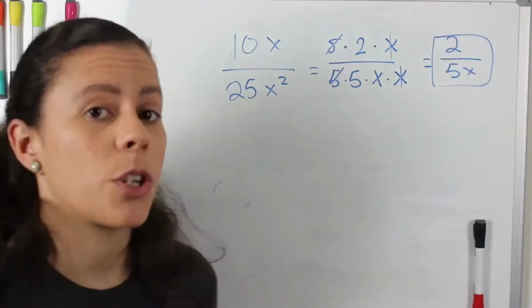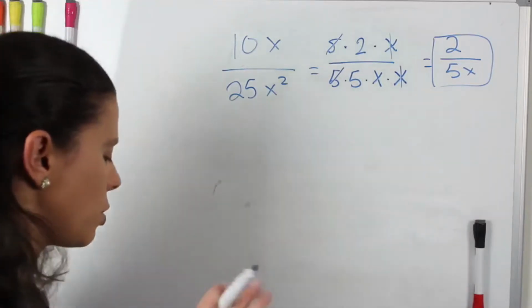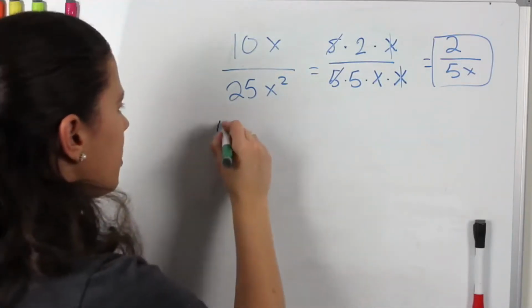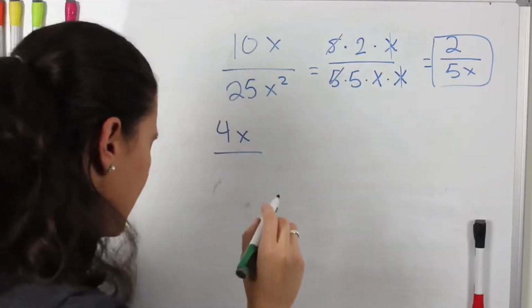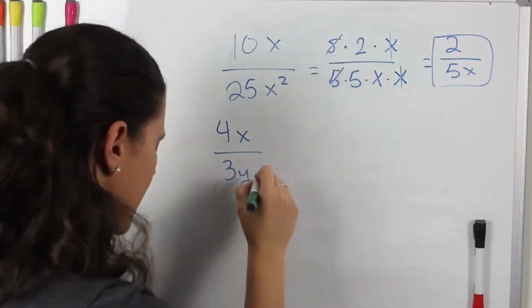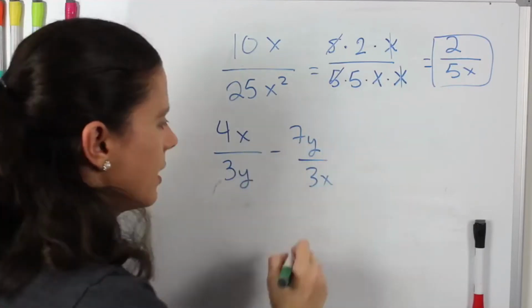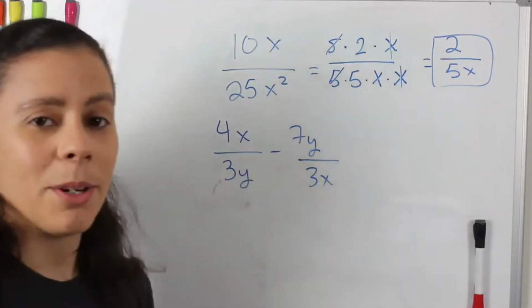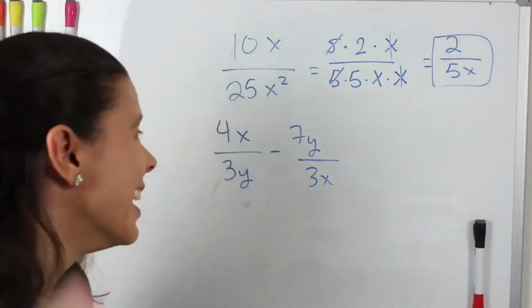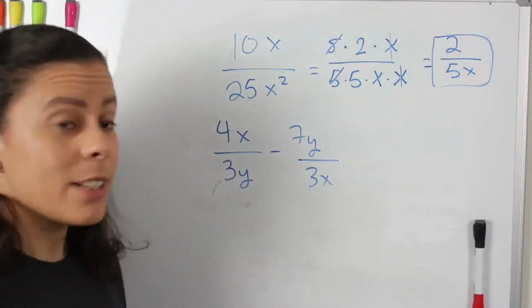Now, what happens if you're subtracting them, right? Super scary. Check this out. If I have something really nasty, like 4x over 3y minus 7y over 3x, you're like, I'm going to throw the pen away. I don't care. This is crazy. No, it's super easy.